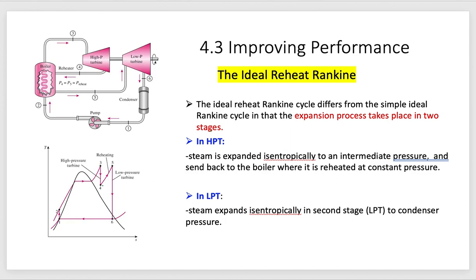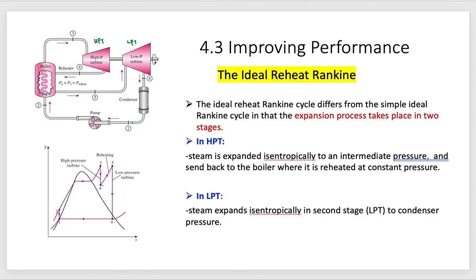This is the schematic diagram of the ideal reheat Rankine cycle. Pump, boiler, high pressure turbine, HPT, and low pressure turbine, LPT. So we use 2 turbines and a condenser.